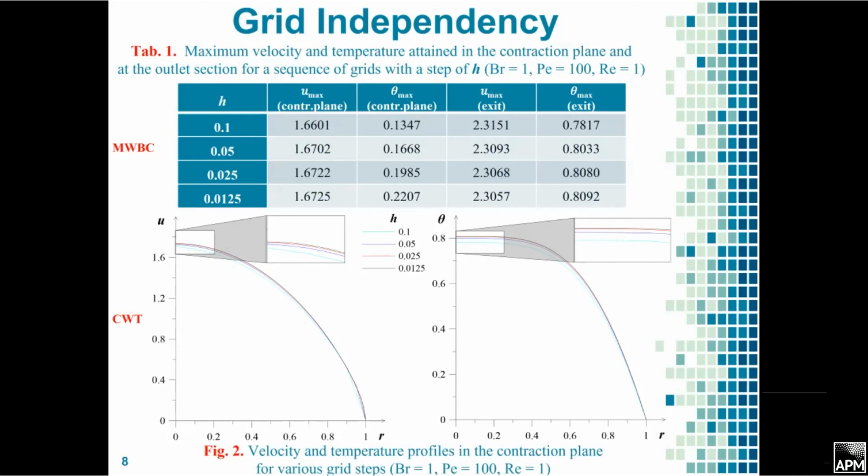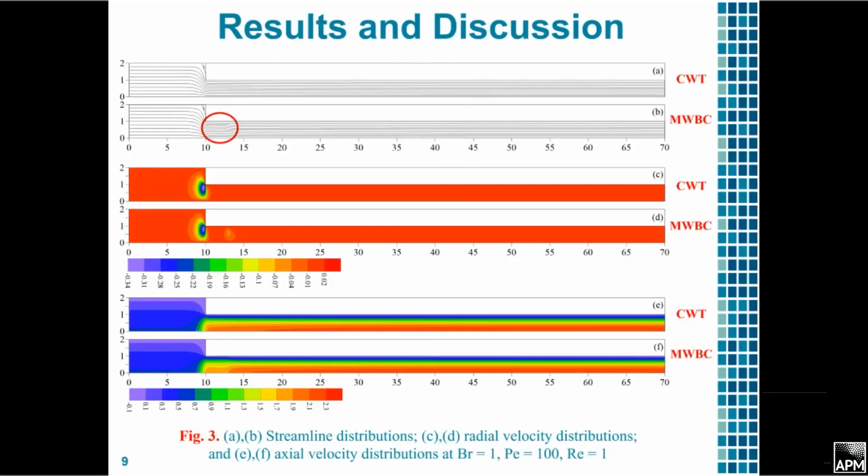And the velocity and temperature profiles along the contraction plane for the case CWT are presented in figure 2. All these results show the approximation convergence of the algorithm with mesh refinement. Further calculations are implemented with the grid step of 0.025. Let me pass on to the obtained results.